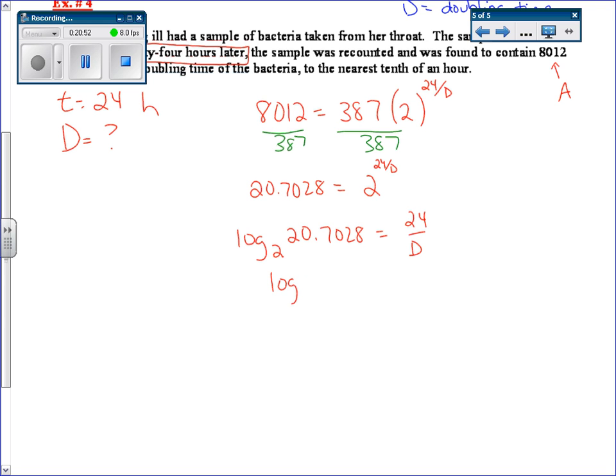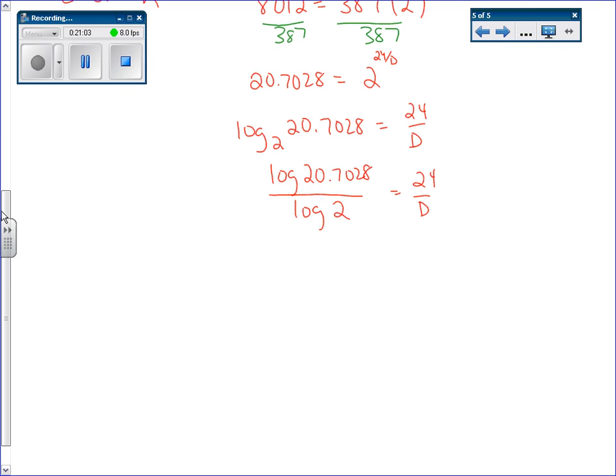So log 20.7028 divided by log 2 equals 24 divided by d. We'll cross multiply and divide. So we have 24 times log 2 is equal to log 20.7028 times d.